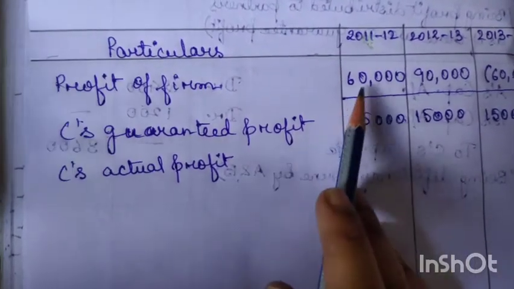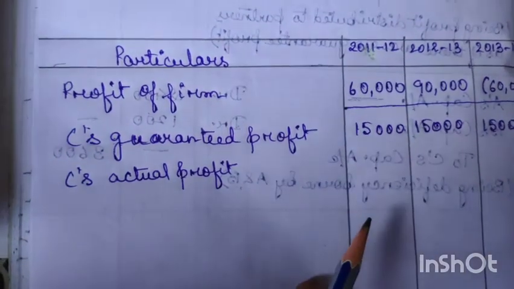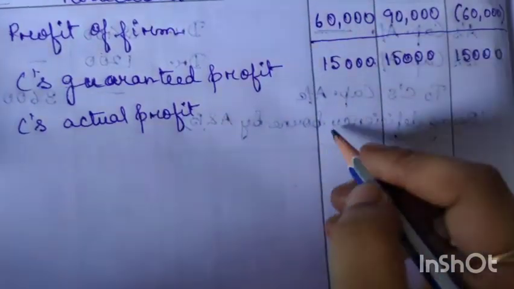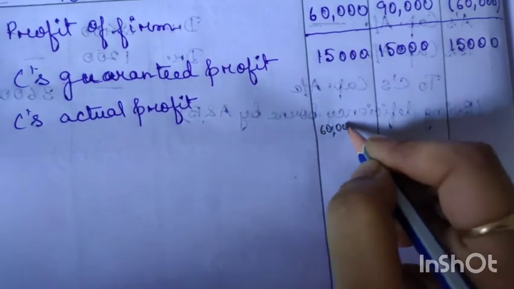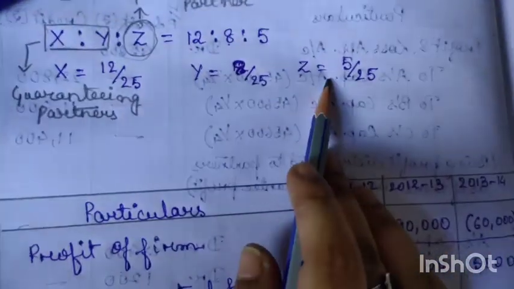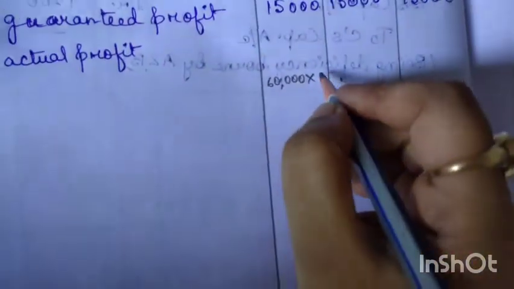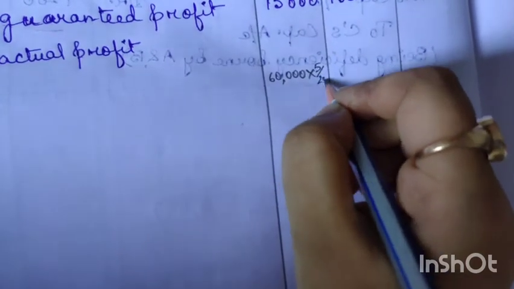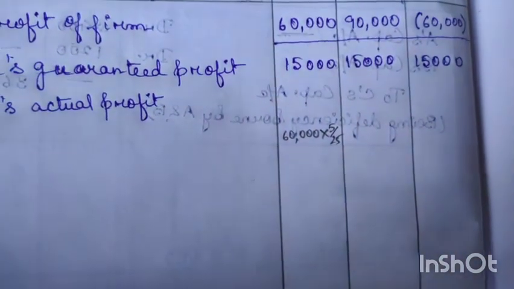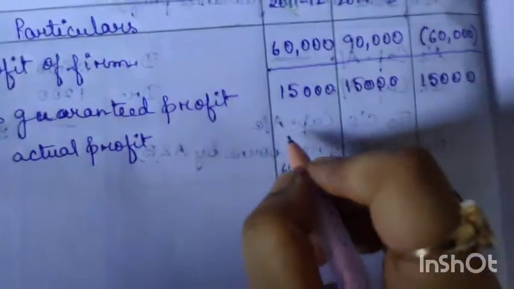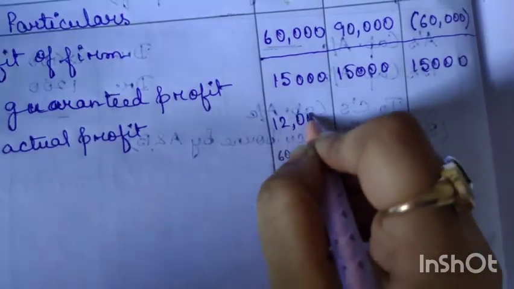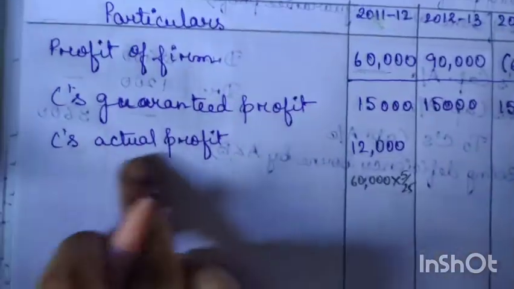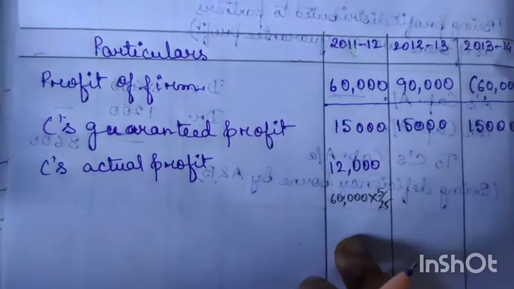Now what will be Z's actual profit for year 2011 to 12? See here, 60,000 into what was this share? 5 by 25. So here you will write into 5 by 25. Then what should be the calculation? If we calculate, we will get 12,000. Okay, this one is the actual profit for 11 to 12.